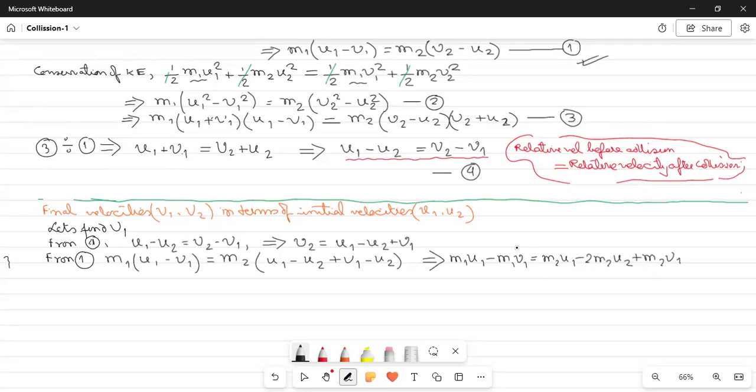So if we take m1 v1 on the right-hand side, we shall have v1 multiplied by (m1 plus m2).